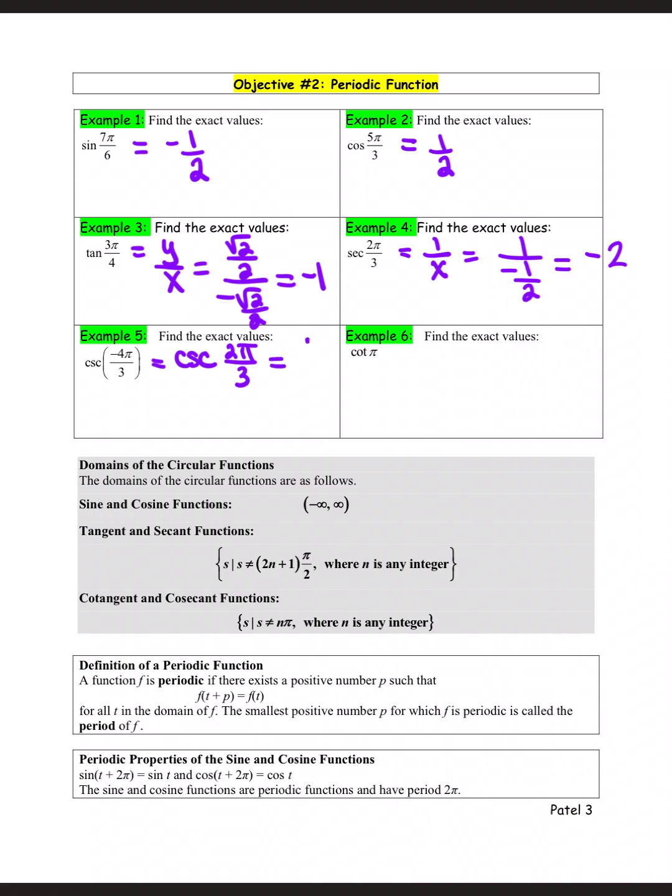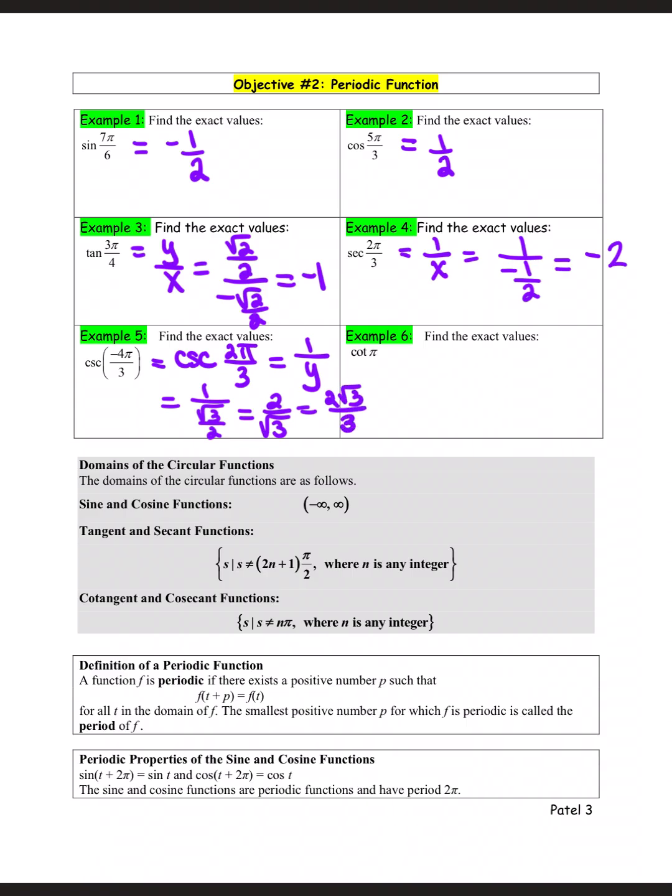Cosecant is 1 over y. Go to 2 pi over 3, and the y value there is square root of 3 over 2. So it's 1 over square root of 3 over 2, and the reciprocal is 2 over square root of 3. If we rationalize that, that's 2 square root of 3 over 3.